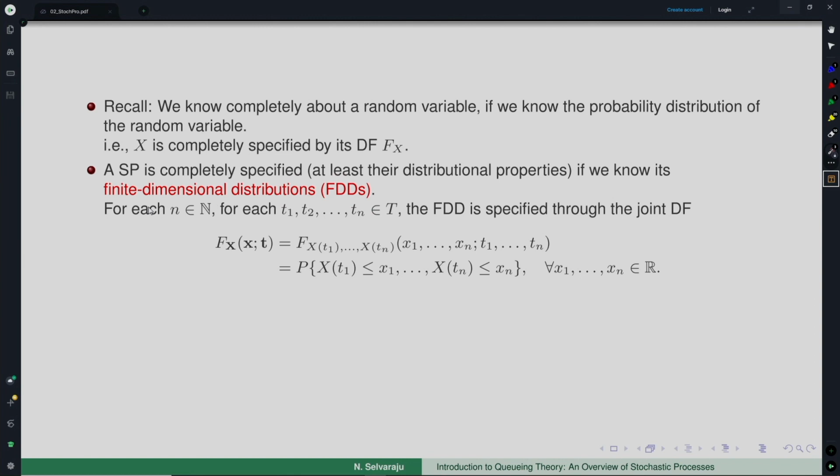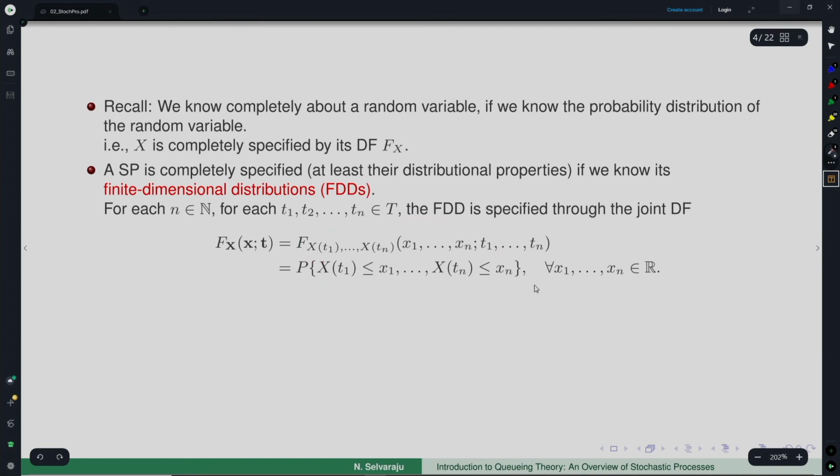Just like for a random variable you want to know the distribution, for a stochastic process you want to know these FDDs. So, what are these FDDs? They are defined in this manner. For each n and for each n time points in the index set, you look at their joint distribution, that is this quantity.